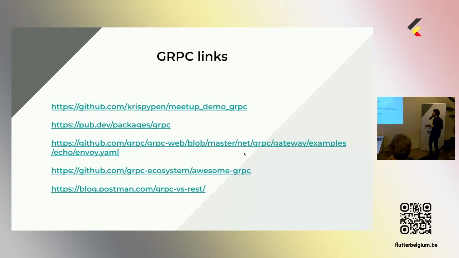Also, there are like 300 awesome gRPC URLs in this repository, and I think 2 days ago Postman also made a blog post about gRPC versus REST, which is really interesting to see.